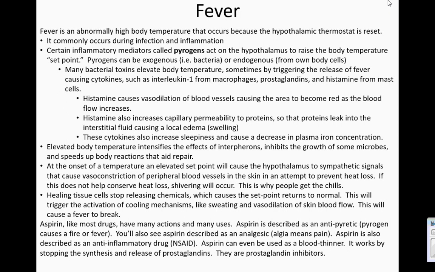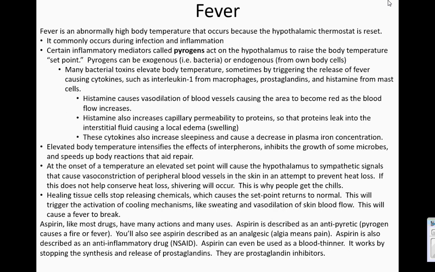Histamine also increases capillary permeability to proteins, which allows proteins to leak into the interstitial fluid, causing a local edema. Edema is a fancy word for swelling. And these cytokines also increase sleepiness and cause a decrease in plasma iron concentration. So this is why you feel heated, you feel tired when you have a fever going on.